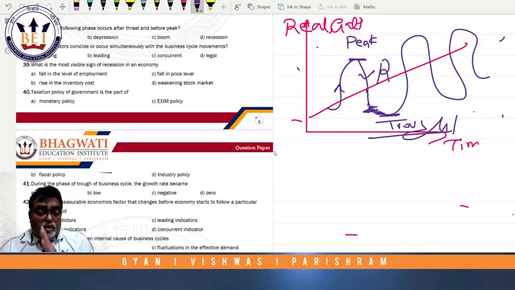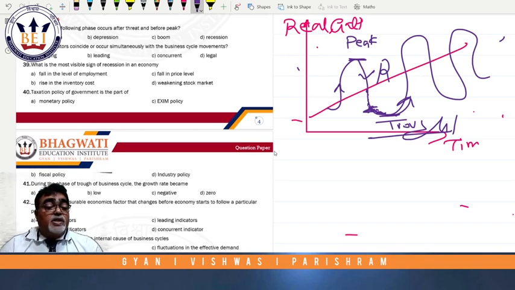If that is implemented properly, obviously it will start recovery. Why I said this? Four phases: expansion, peak, contraction, drought. And the drought also cannot last always. We have seen recently the government has taken a good public expenditure policy, so accordingly, obviously the income should keep on increasing.